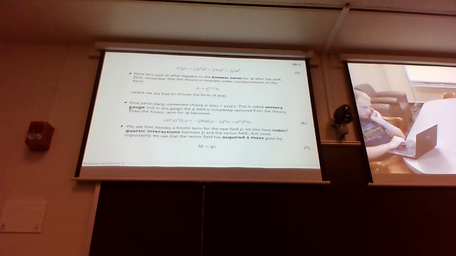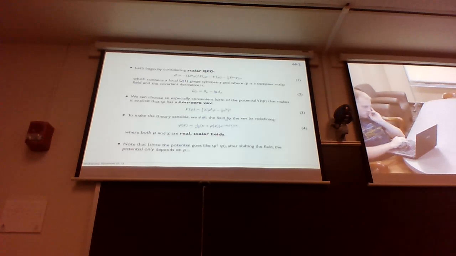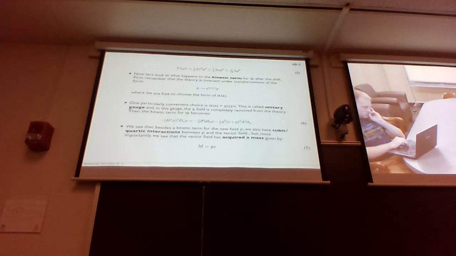So what we can do is choose this to be the same thing that we had in our unitary gauge transformation. So we can choose this to be chi over v, and then it'll take the form of what we had back here for the phi field.